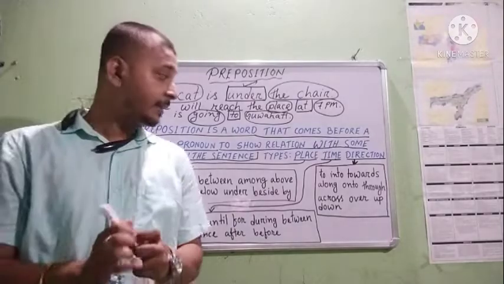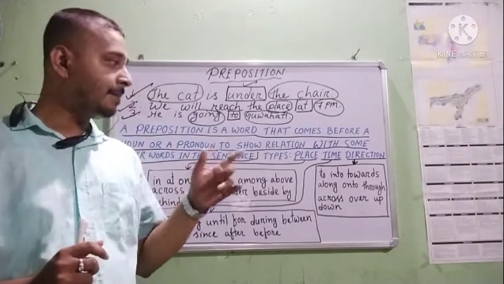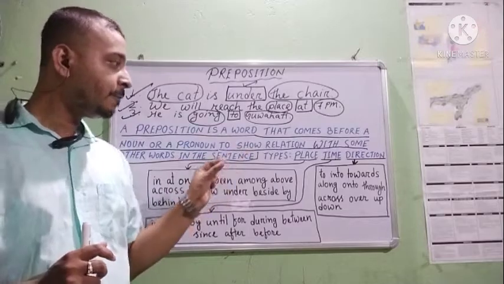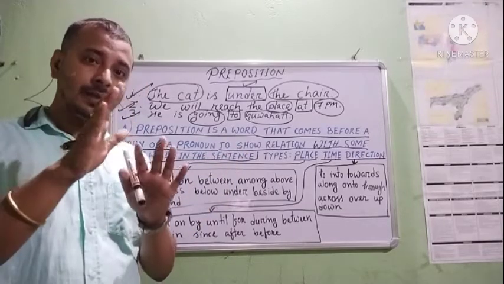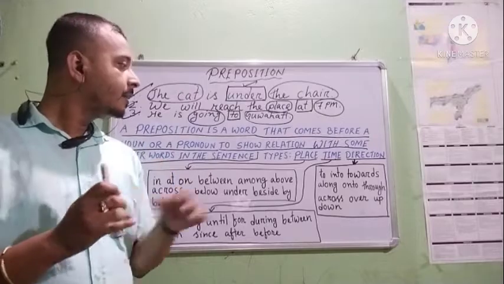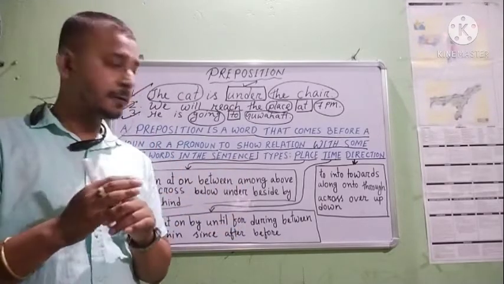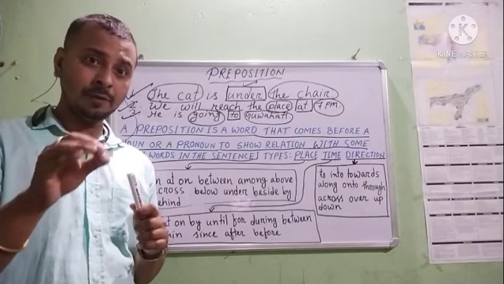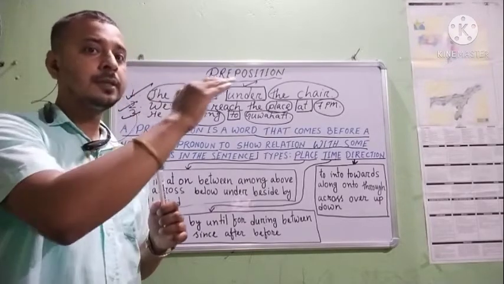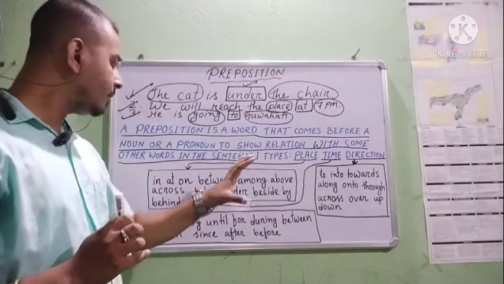Now, I have told you that there are three types of prepositions basically: place, time, and direction. Now, place prepositions come in place of place nouns. Time preposition comes before time nouns, and direction preposition comes to show movement towards somewhere. So these are the prepositions.